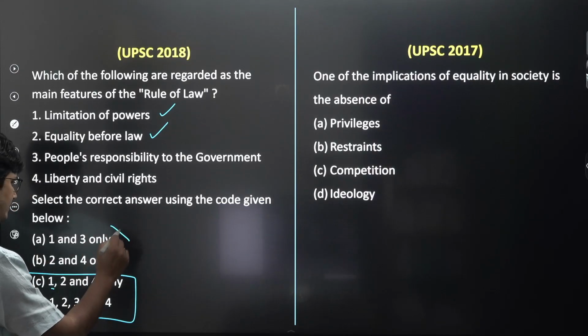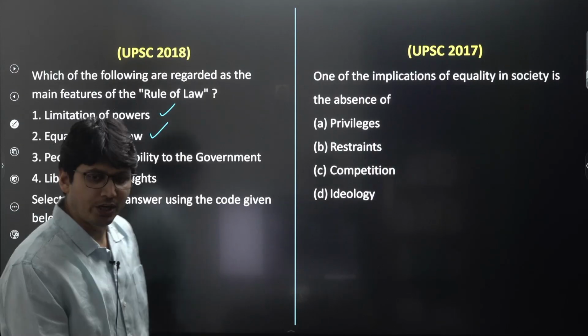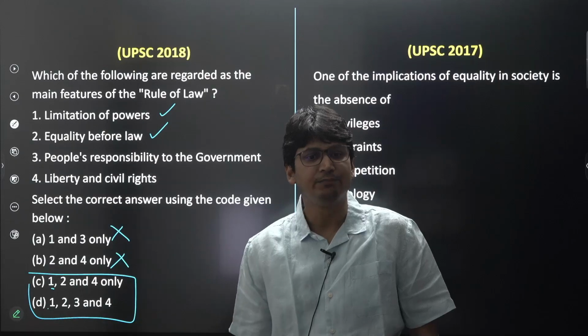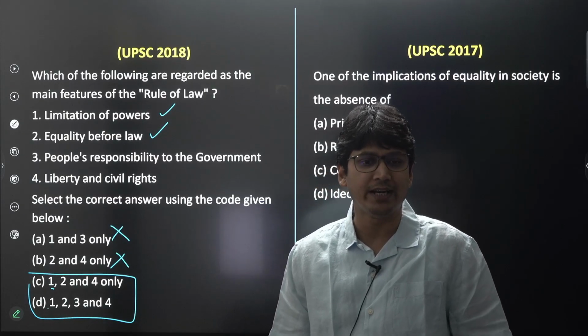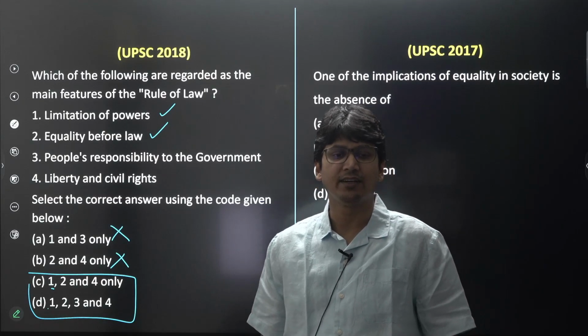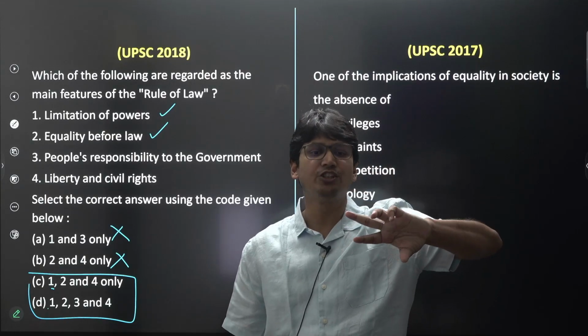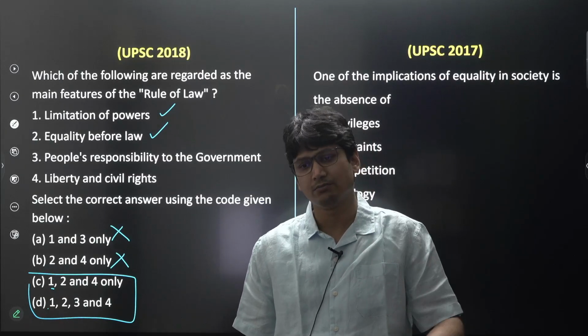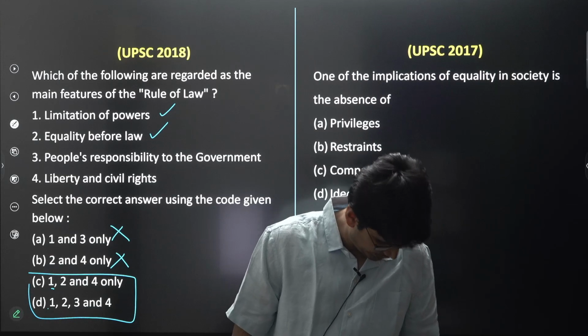So you can vote out A and B outrightly. See, 3, people's responsibility to the government, and 4, liberty and civil rights. Between 3 and 4, which do you think is a more appropriate answer? Or both are perfect? What do you think?